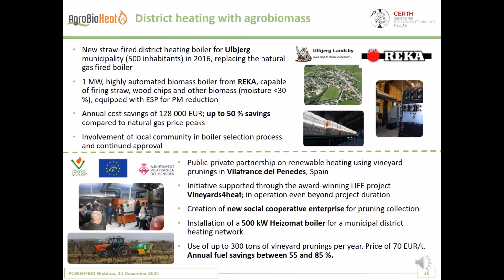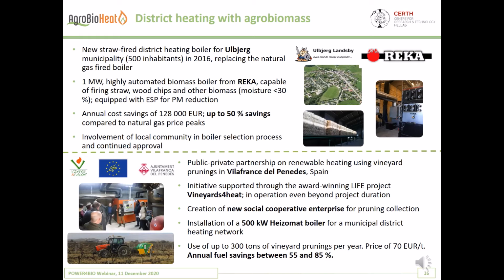This particular case is for the city of, the village actually of Ulbjerg. They installed a new straw-fired boiler in 2016. It was produced by a Danish manufacturer, Rika, and it replaced the existing natural gas-fired boiler. The boiler is highly automated.